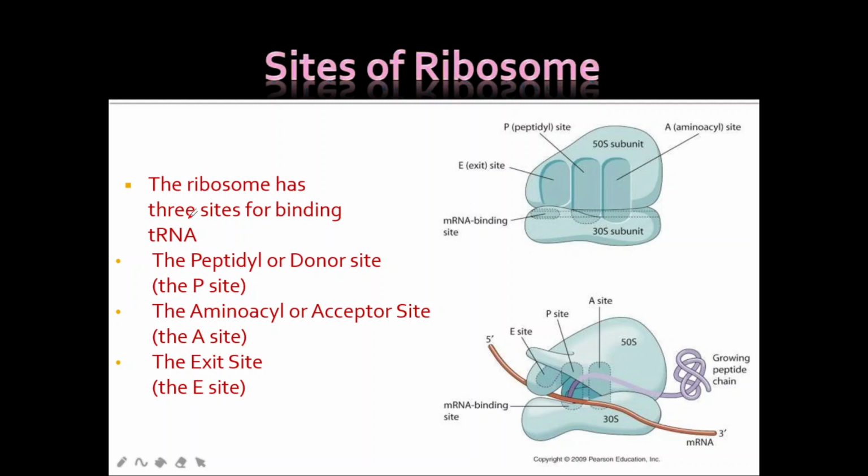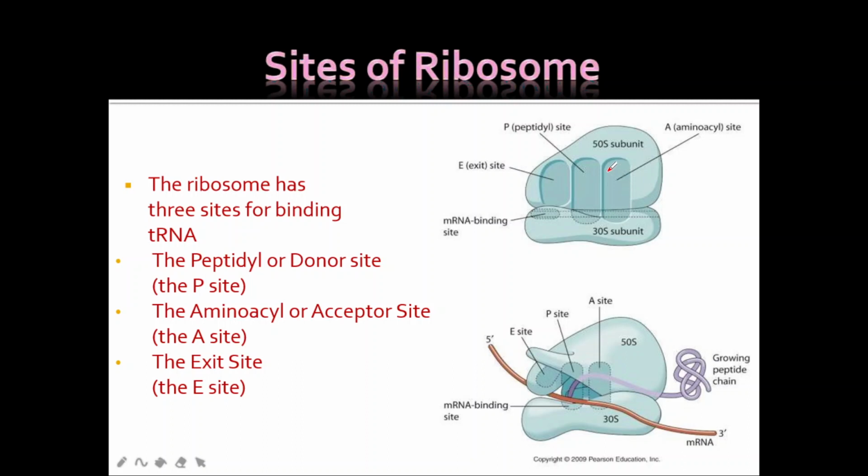So, the ribosomes have 3 sites for binding tRNA. These are the three sites where the transfer RNA binds. The mRNA is already present in the subunits, but these three sites are shown here, where the tRNA comes from outside and binds at the first stage, which is the aminoacyl site or A site.